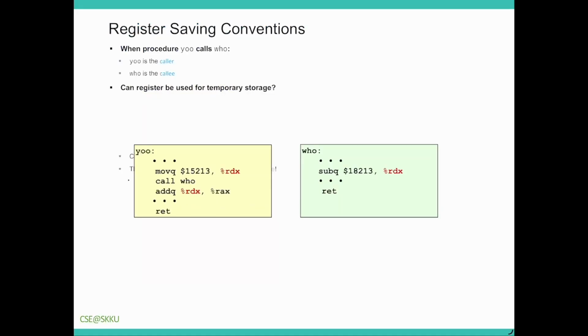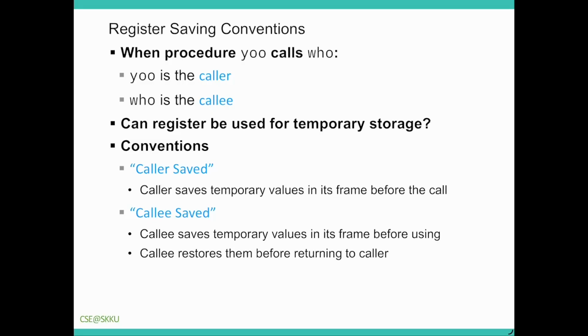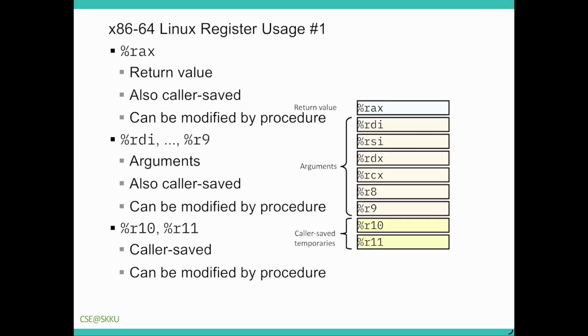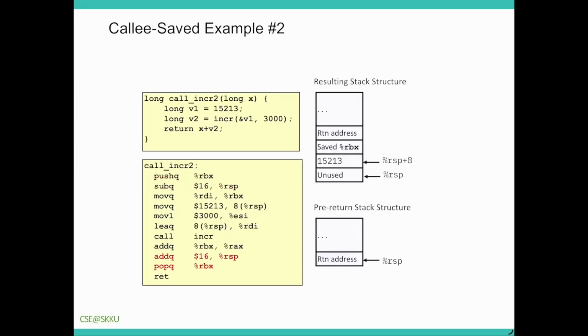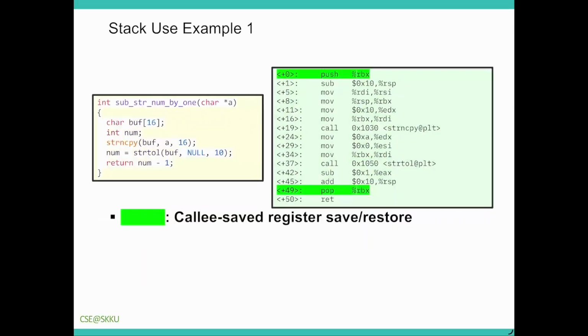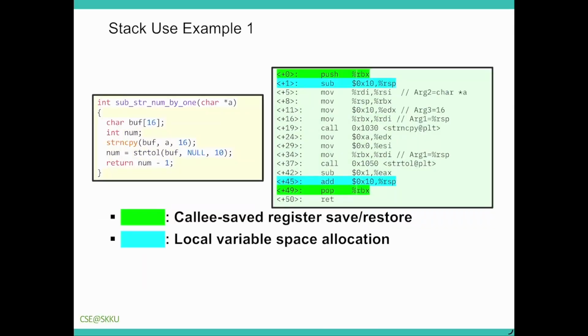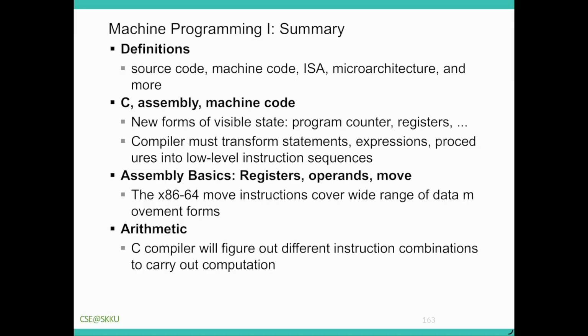So it gives you a better understanding of how your C code actually runs, how procedures are abstracted by the C, and so on. So we're going to skip all this.